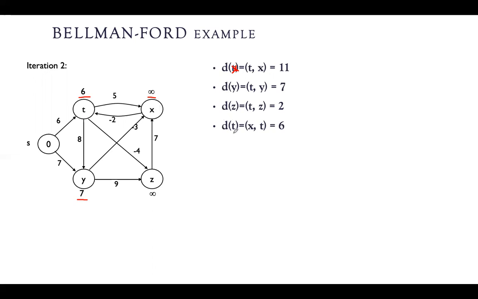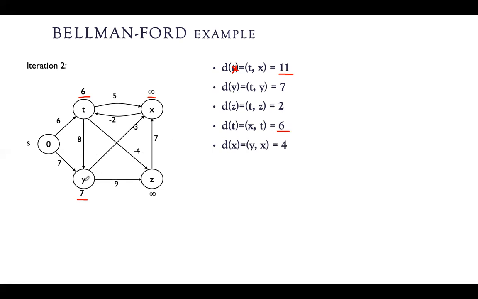Next x to t: the x value was 11, which we had updated. 11 minus 2 is 9, but 9 is not less than 6, so we will keep the previous distance of 6 itself.